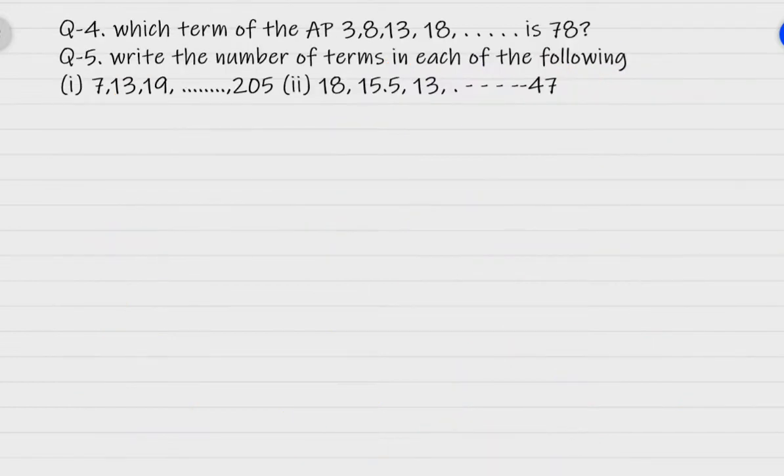Which term of the AP 3, 8, 13, 18 is 78. Now let's write the AP first. This is the solution for question number 4. Now see, which term of the AP 3, 8, 13, 18 is 78. First of all write down the AP.